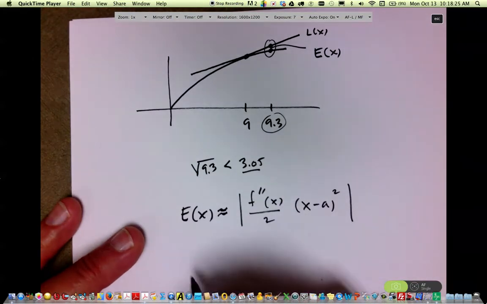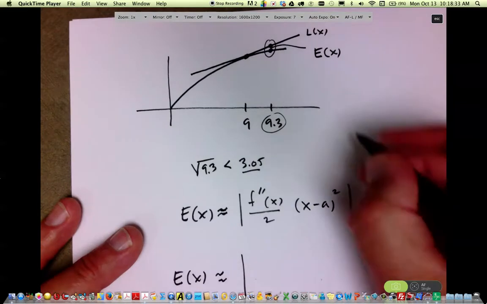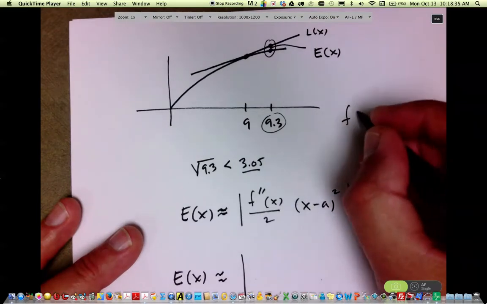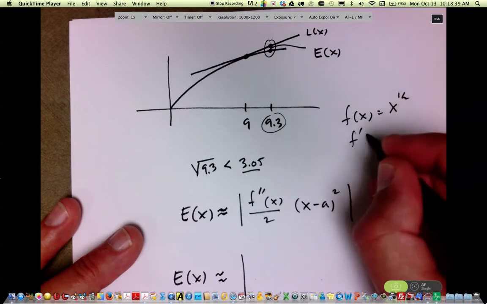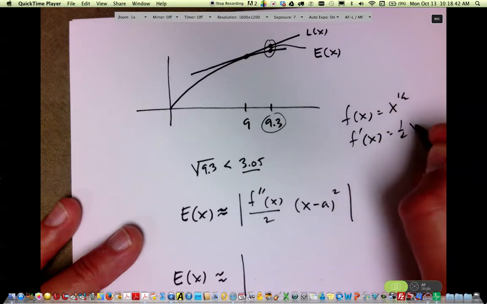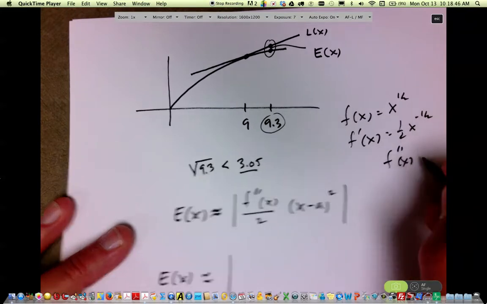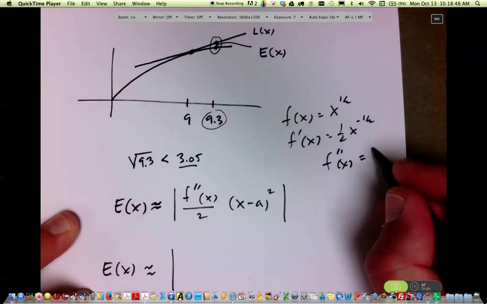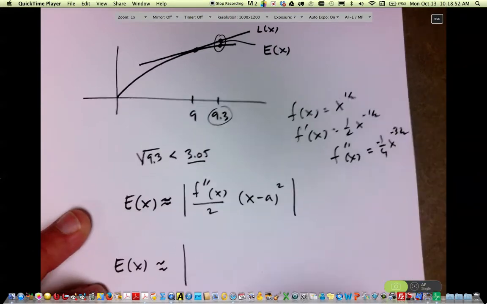We can say that the error of x is going to be approximately equal to the second derivative. Remember the function was x to the 1/2. The first derivative was 1/2 x to the negative 1/2. The second derivative is going to be negative 1/4 x to the negative 3/2.